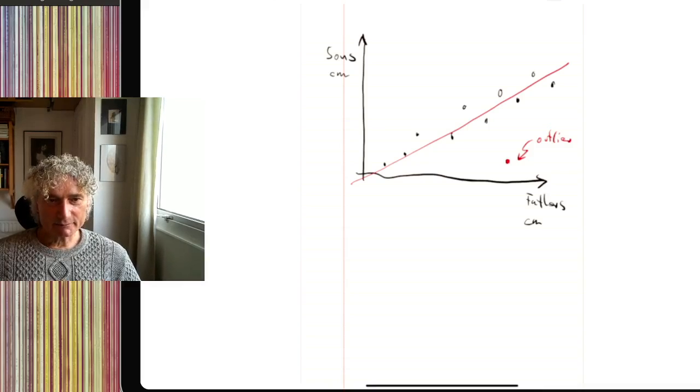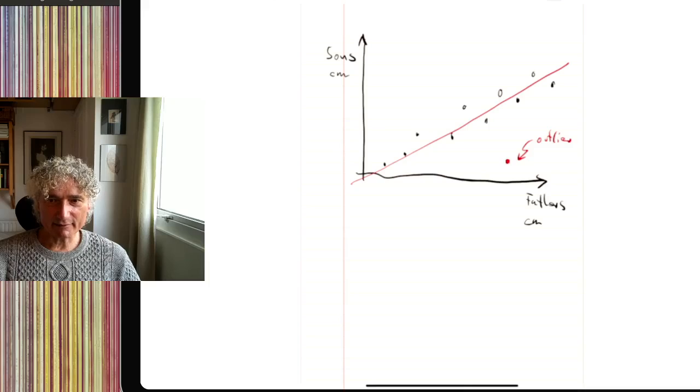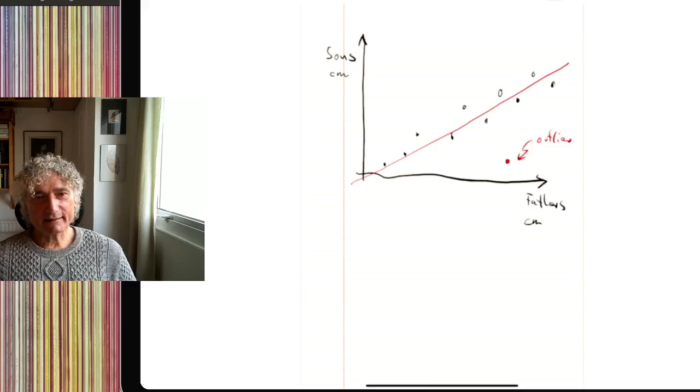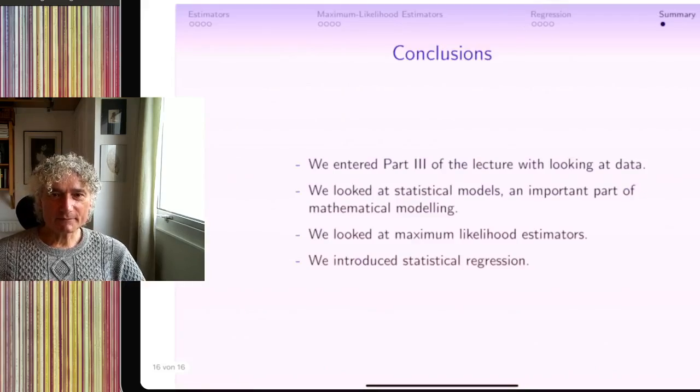And then you either classify that as an outlier, or you think actually this statistical law is not good, which assumes that you only have a linear relationship between the length of fathers and sons. Yeah, I hope this explains a little bit the idea of regression. And let's therefore go to a summary.